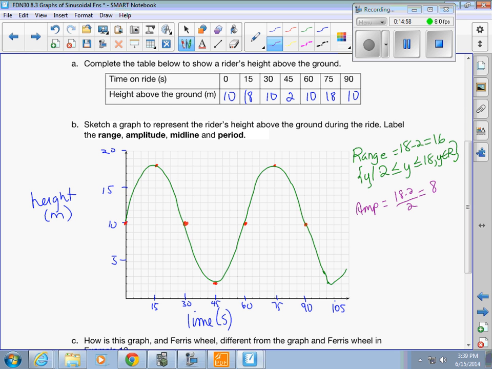Midline is y equal to your maximum plus your minimum divided by 2, so that's 20 divided by 2 is 10. So your midline, and you can pick it off of your graph here, occurs right there. And our amplitude then is the distance that you go off that midline.